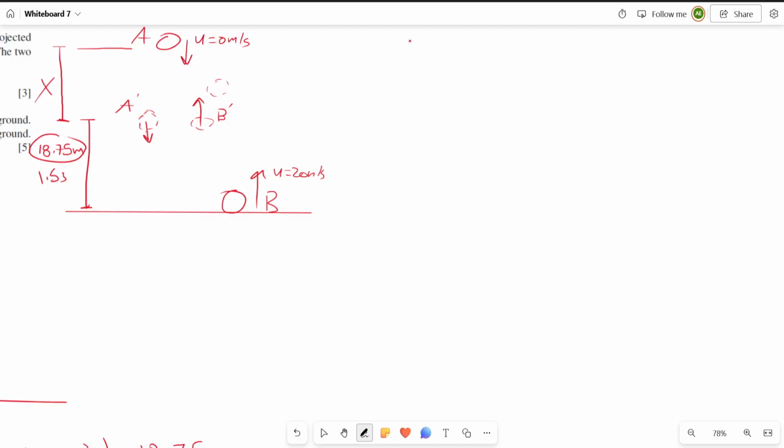So let's do everything for A now. And actually, I'm going to take downwards as positive because it's more convenient here. So I know that my u is 0 meters per second. My acceleration is going to be 10 meters per second squared. Why positive? Because down is positive, and I know that acceleration due to gravity is downwards. Time is going to be 2.5 seconds, and I want to know the displacement it took for A to move in 2.5 seconds.